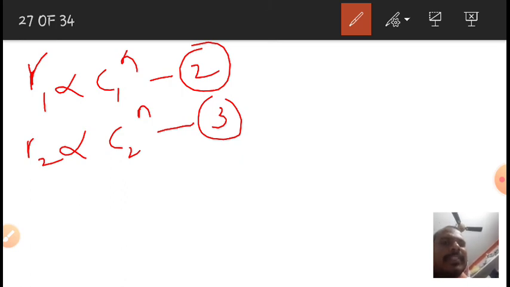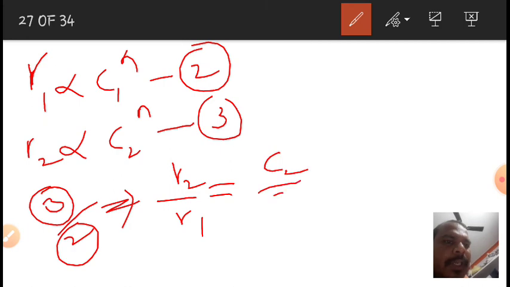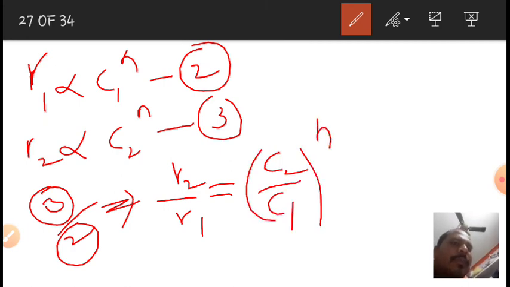By dividing equation 3 by equation 2, we get R2 by R1 is equal to C2 by C1 to the power of n.